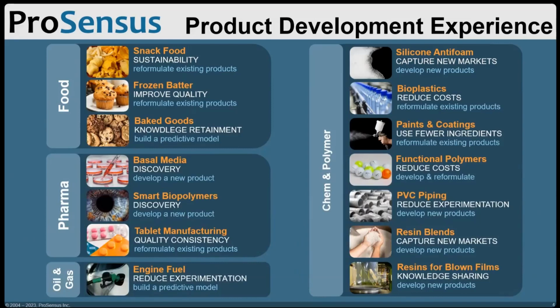In some cases, we're looking to reformulate to improve quality, while in others, we're looking to reformulate to reduce costs, or even just to avoid excessive experimentation, or in some cases, using more sustainable ingredients and so on.